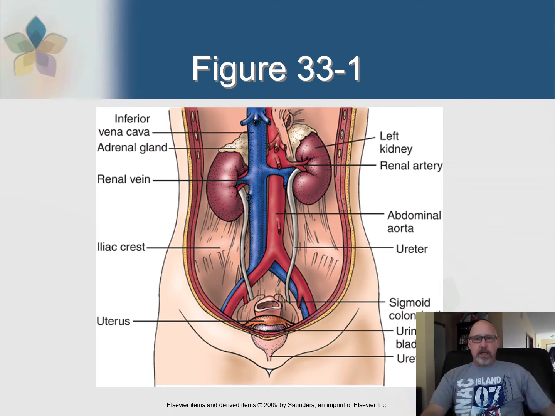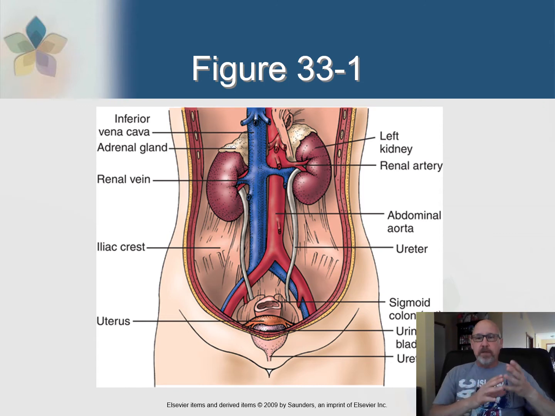Those are humongous, and they feed almost directly straight into the kidneys. What does that tell you? That tells you that these organs are extremely vascular, that their main job is working with the blood and blood components.